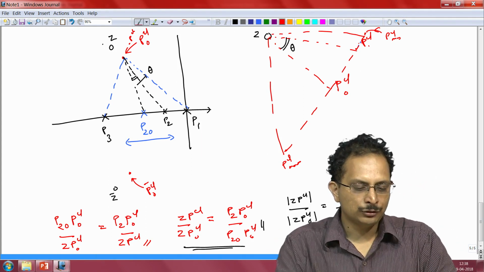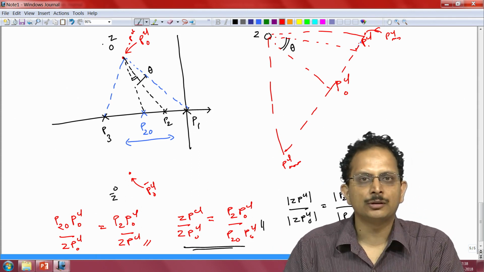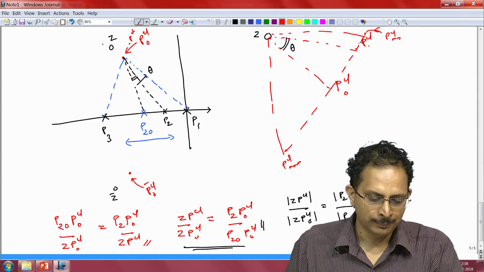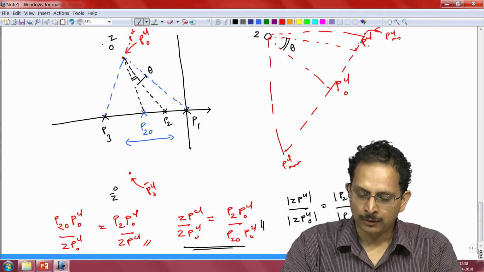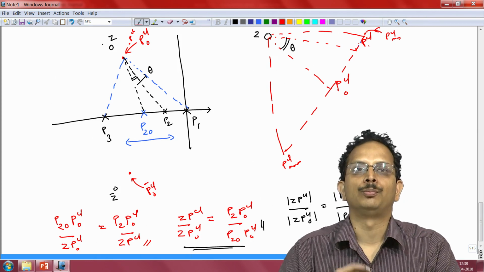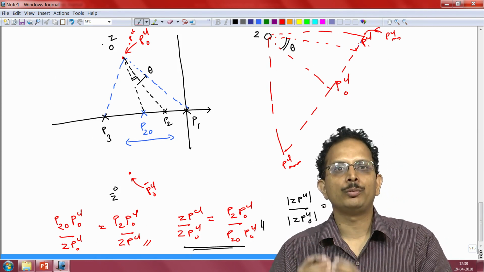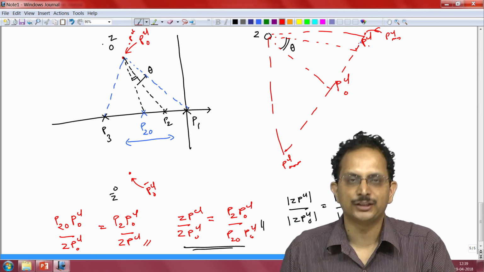Now, since we know the coordinates of the point PCL naught and the coordinates of points P1 and P3, we know everything about the triangle PCL naught P1 P3. What we wish to know is the variation of the closed loop pole. That is something that we wish to know, and we wish to constrain it to within 0.04 units as has been given to us by the specification.